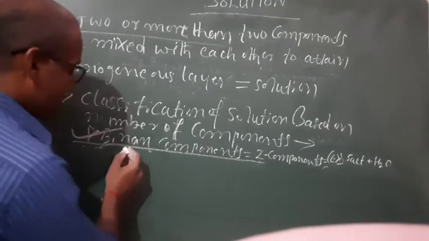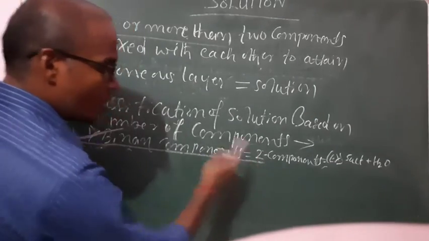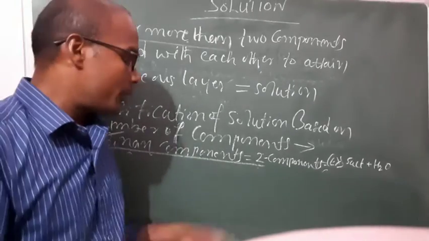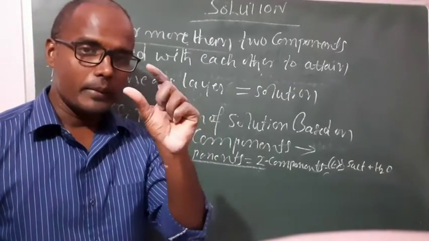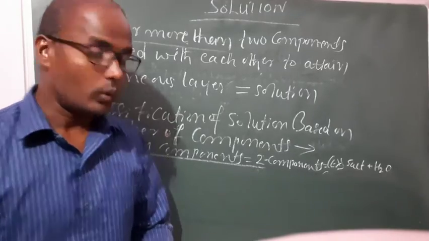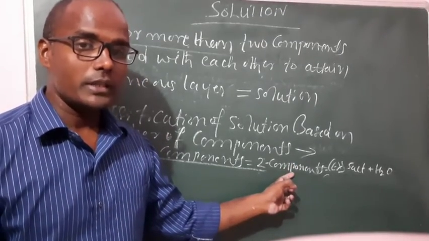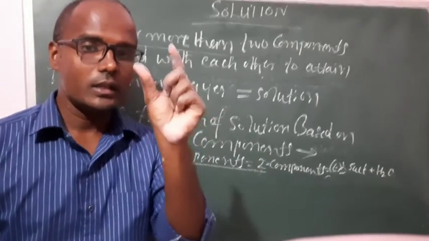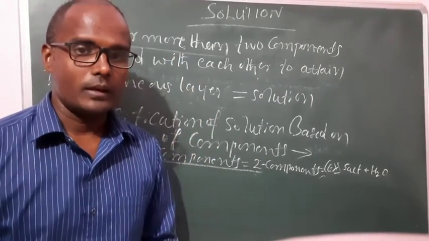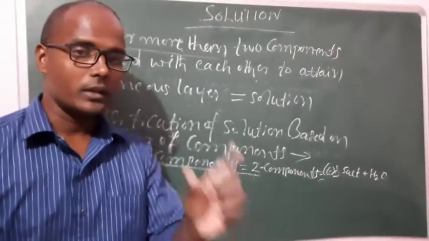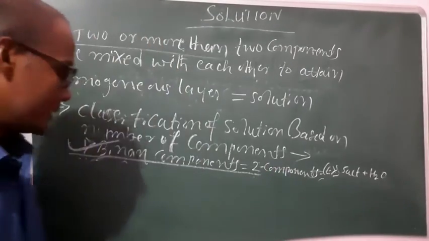So binary components. Binary means two components are present. These two components are given specific names in this chapter.